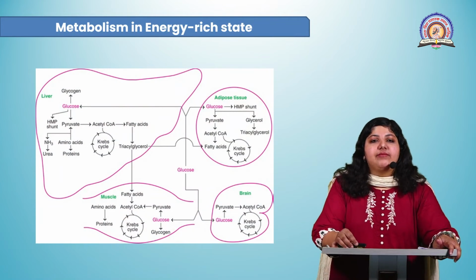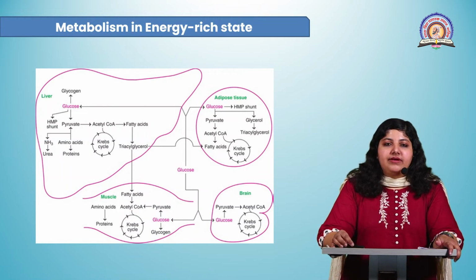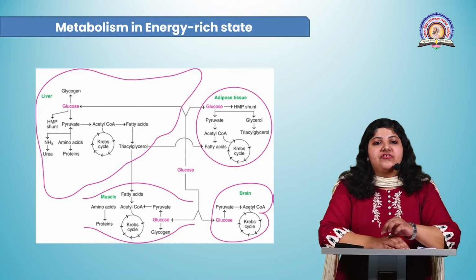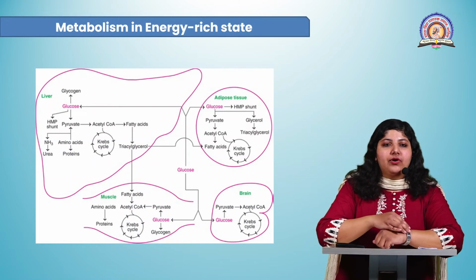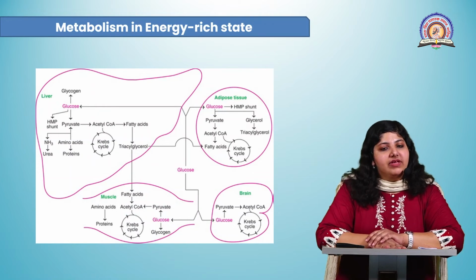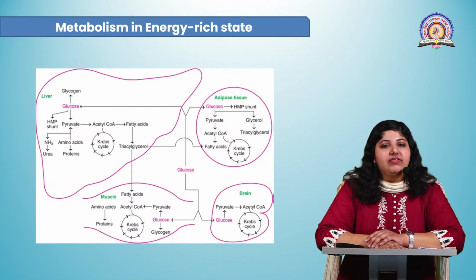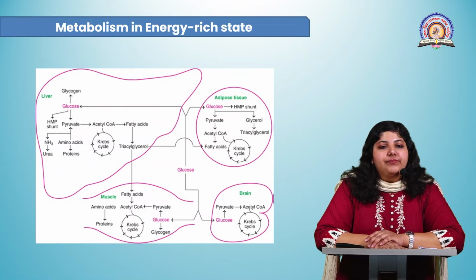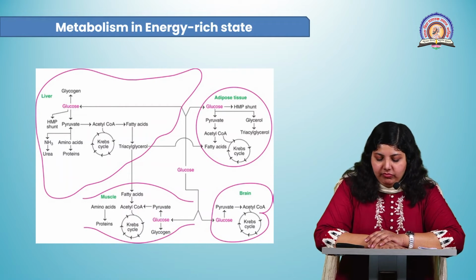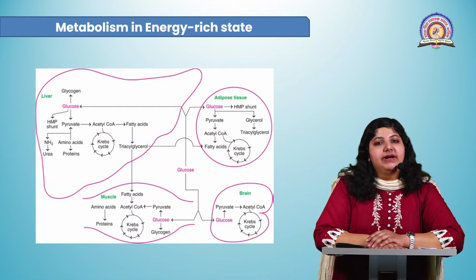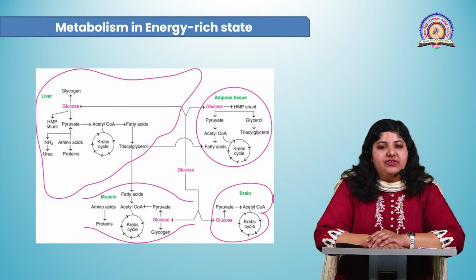Now you can see the diagrammatic representation here representing metabolism in energy rich stage. We can see the four organs which we have previously mentioned: liver, adipose tissue, muscle and brain. So we are talking here about metabolism in energy rich stage.